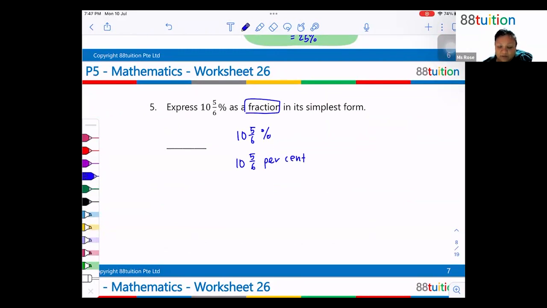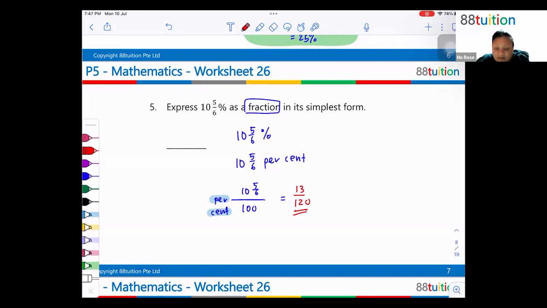So to convert this to fraction, I will write it down as 10 5/6 per 100, because percent is per 100. Can you press your calculator and simplify this?